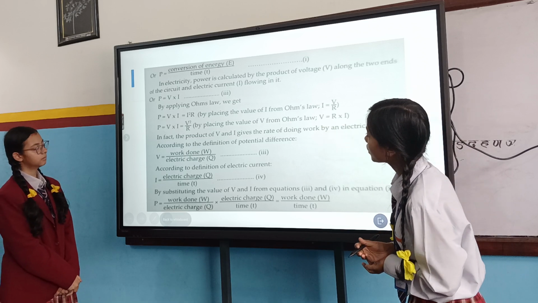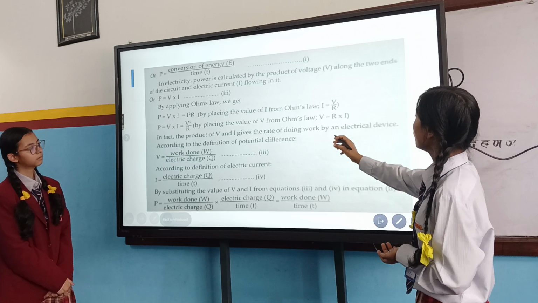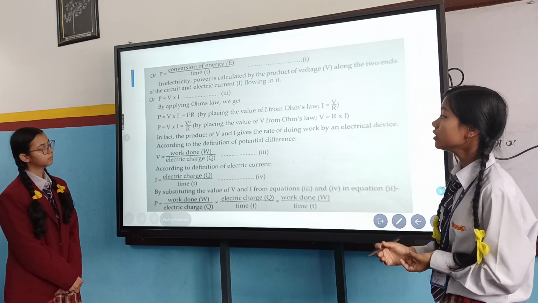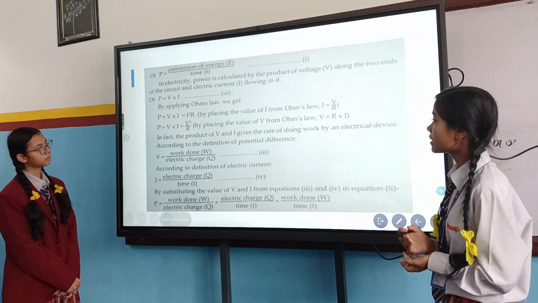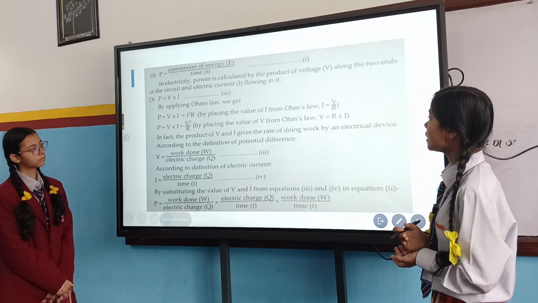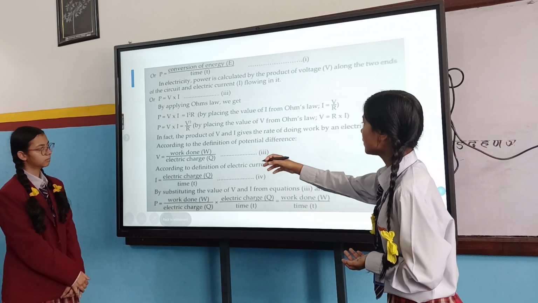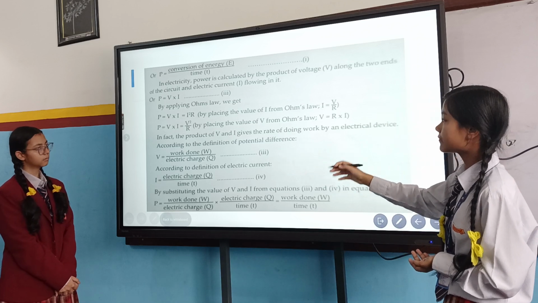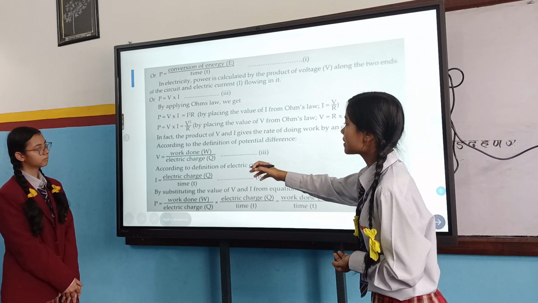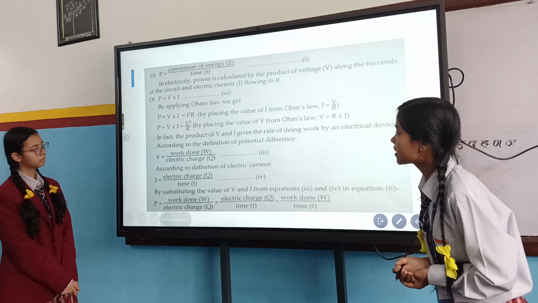In fact, the product of V and I gives the rate of doing work by an electrical device. According to the definition of potential difference, V is equal to work done upon electric charge.